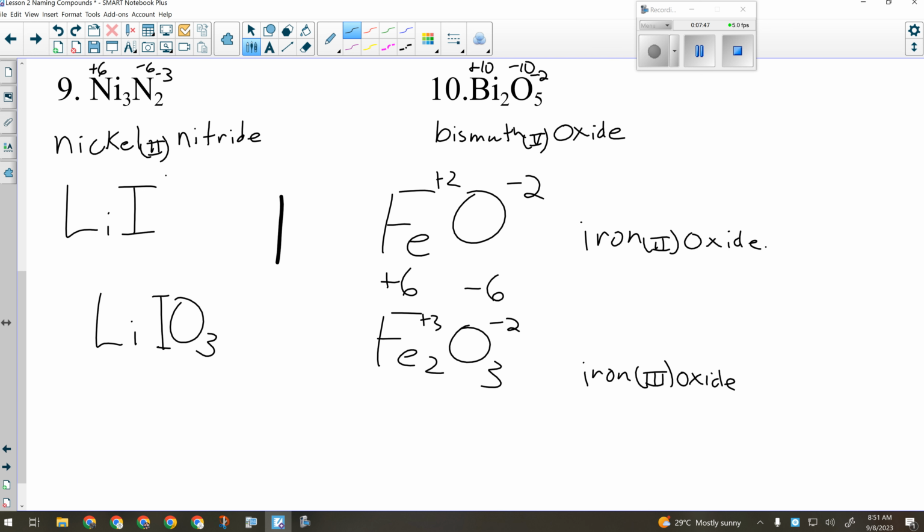Now, the naming of this is actually easier. You don't have to do any thinking. You don't have to change the ending of this. This is how you write it in the name. So this stuff would be lithium iodate.